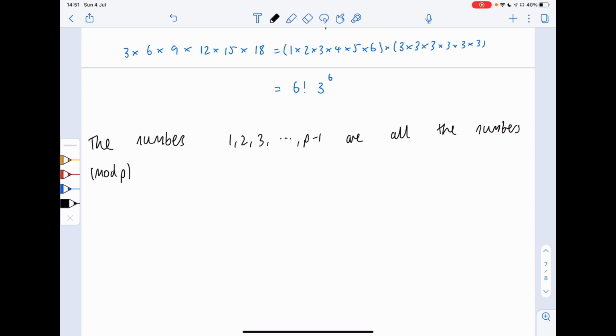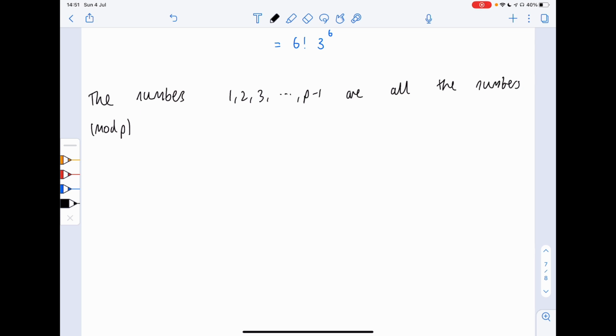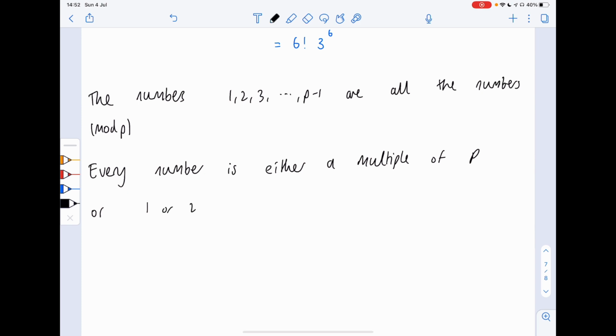Well, why is that? Because every number is either a multiple of p, or 1 or 2 or up to p minus 1 more than a multiple of p.